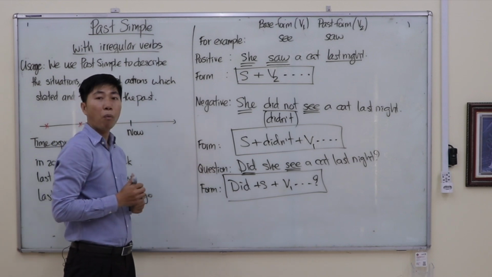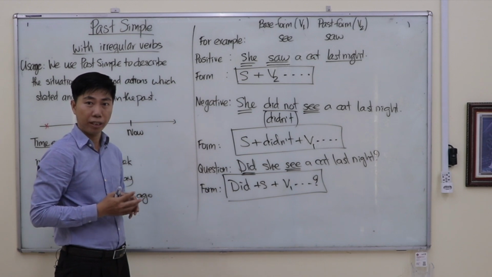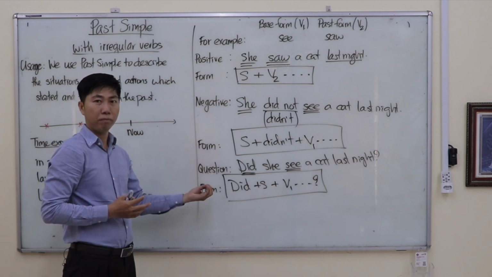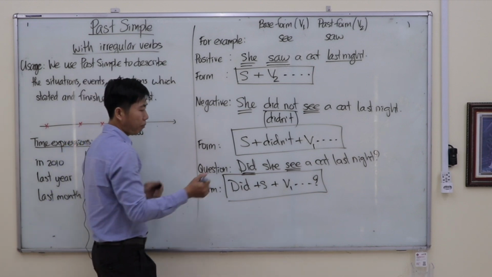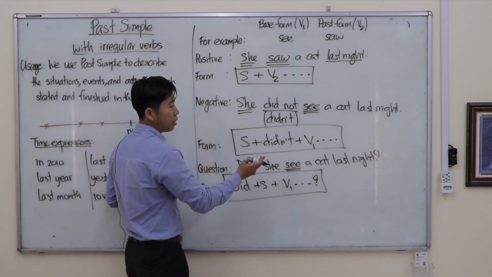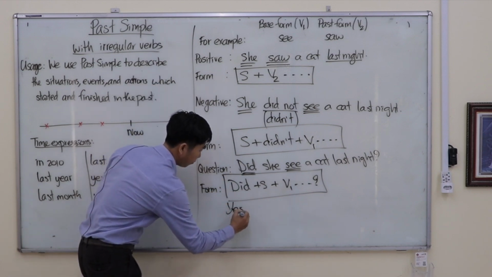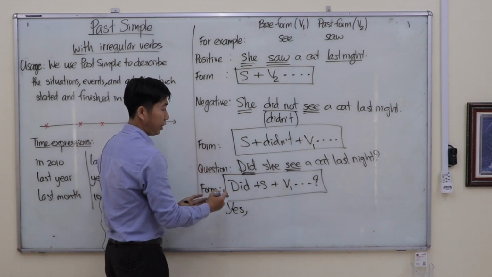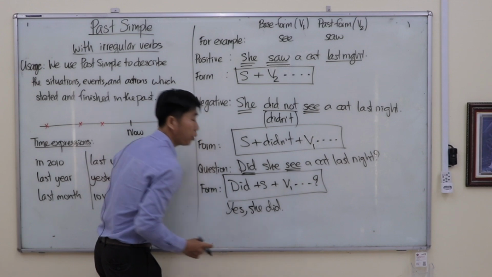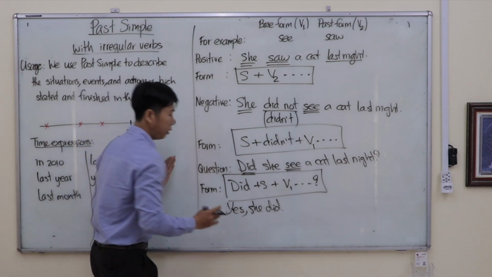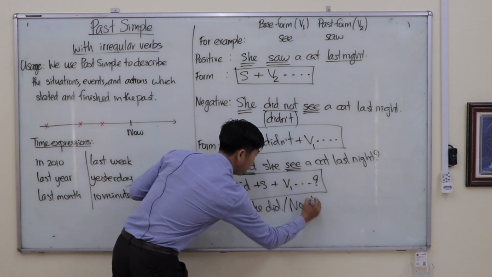And remember, with simple past, we can use all kinds of subject with one word. We don't add s or es or anything. So, did she see a cat last night? If you want to answer yes, you say yeah, she did. If you want to answer no, it may be no, she didn't.